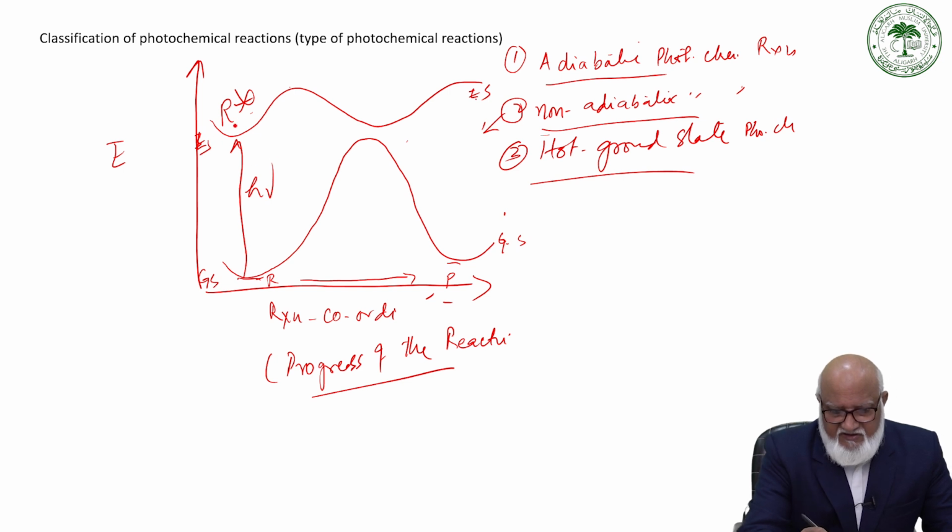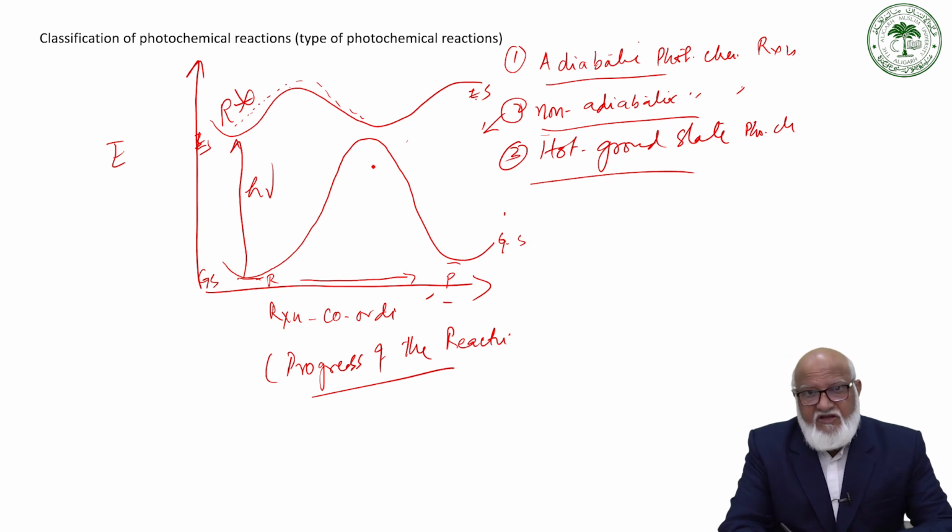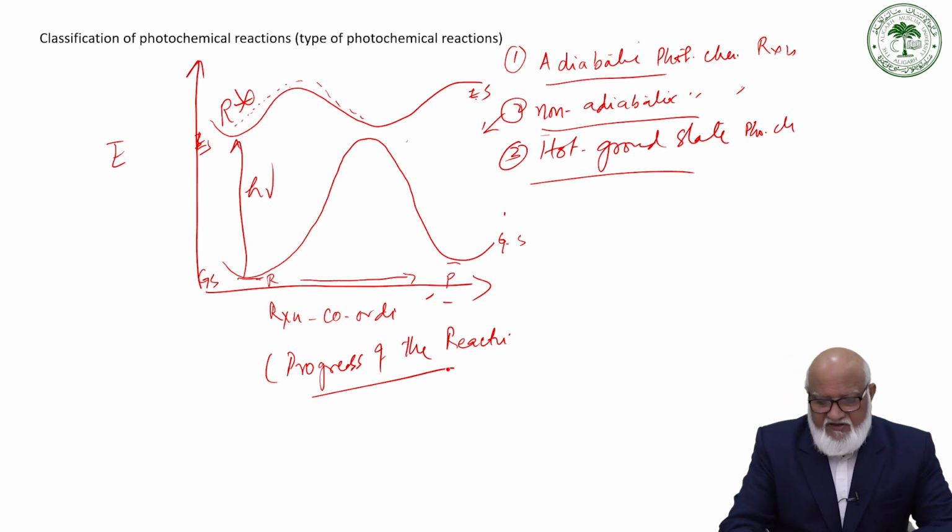And then the reactant proceeds on the surface of the excited state, and at one stage during the course of the reaction coordinate, the excited state curve and ground state curve come very close to each other.